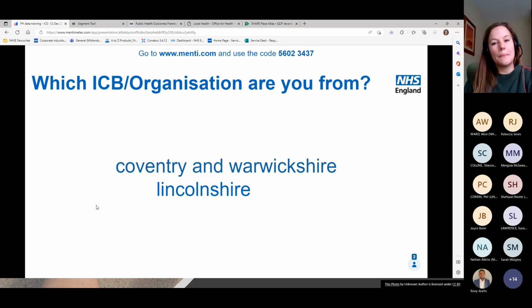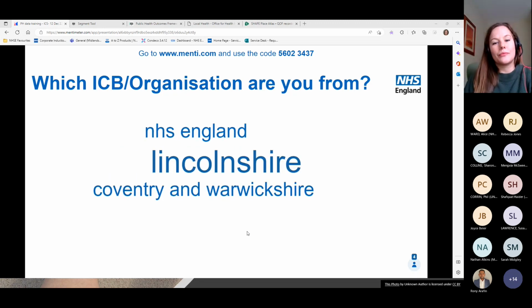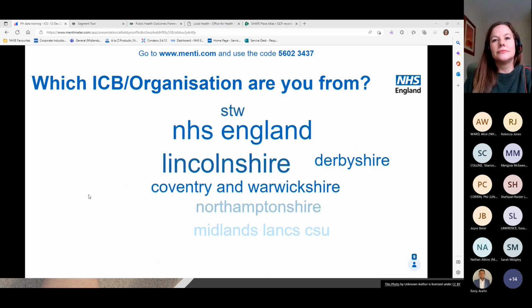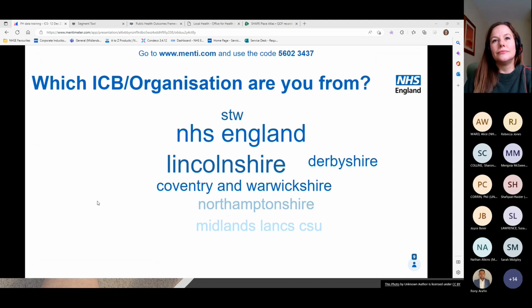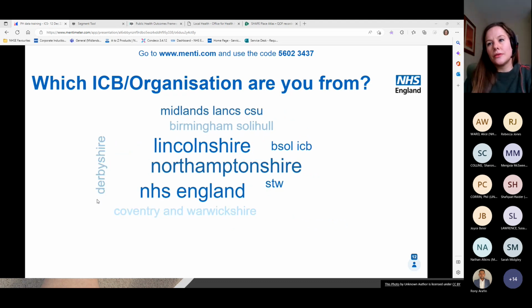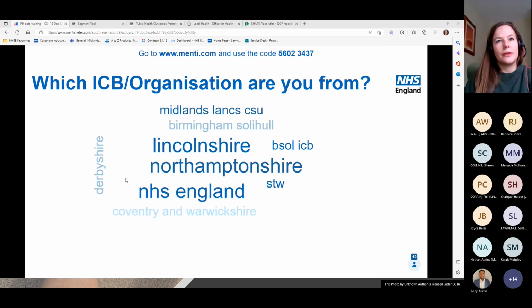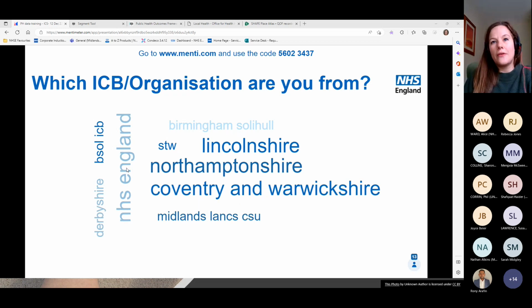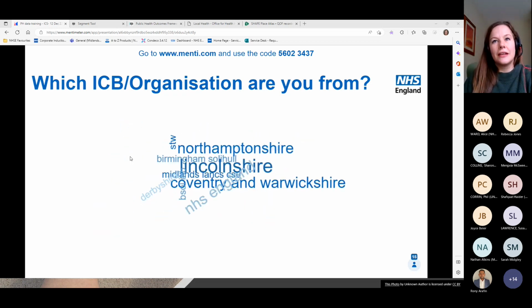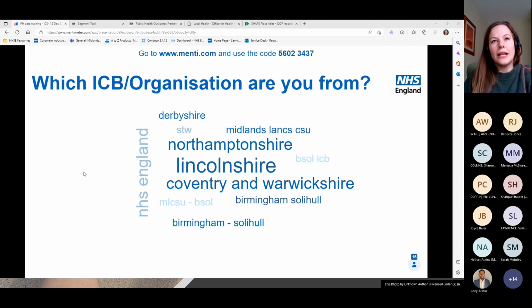That would be great. Got a few from Lincolnshire. Okay. Got a few areas represented, so that's good. A few CSU colleagues.